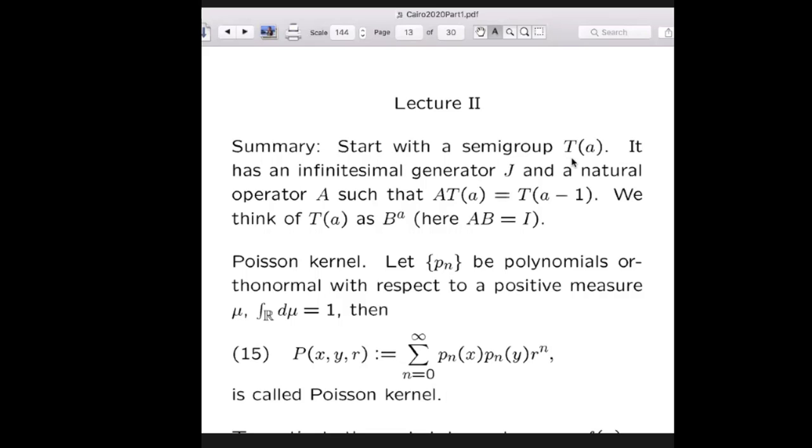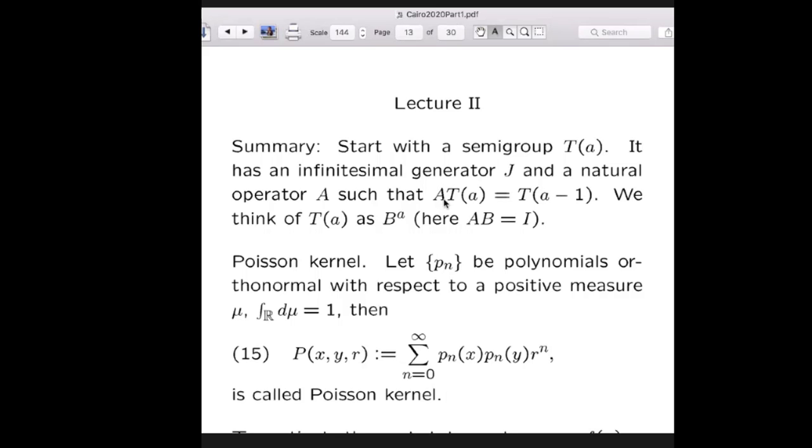Let me just remind you what we did in the first lecture. You start with a semigroup, and it has an infinitesimal generator. Then you try to find an operator A that will have this property: if I act on the semigroup, I decrease the parameter by 1.